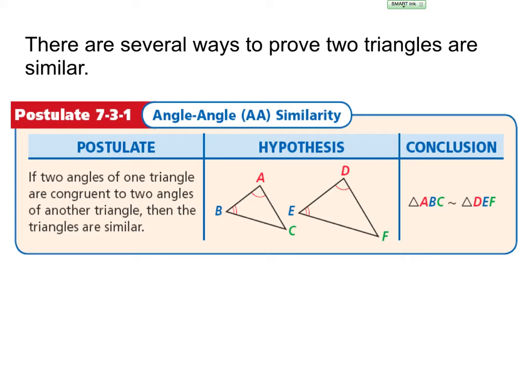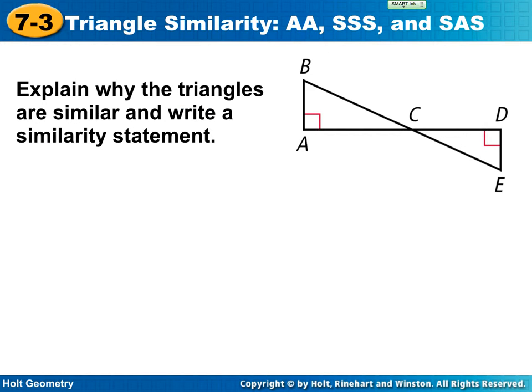Okay, looks like you're done with the notes. So let's explain why the triangles are similar and write a similarity statement. So what about them is similar? Okay, they both have right angles. Are right angles congruent? Yes. Support that?